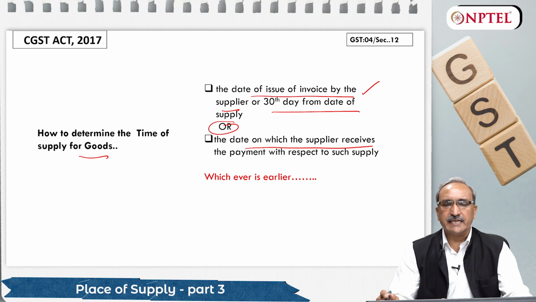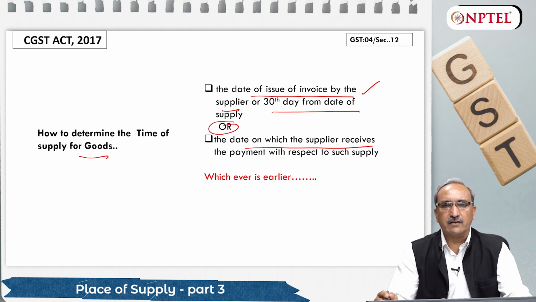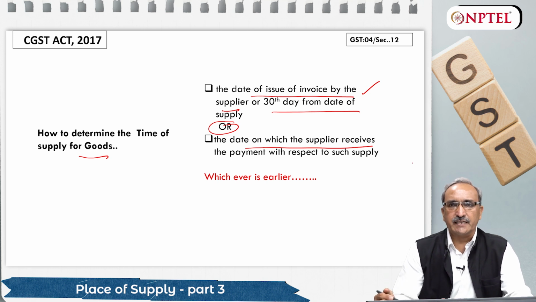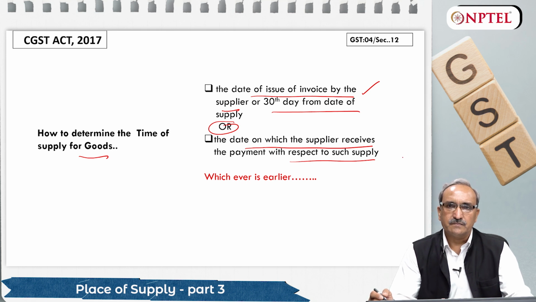Whenever a supplier is supplying goods, he will raise an invoice and send goods along with the invoice, or there is a possibility that he receives the payment in his books of accounts first. So whichever is earlier, whether he has supplied the goods or received the money, that is the point of taxation. Based on these two dates, the tax will be liable to be paid.